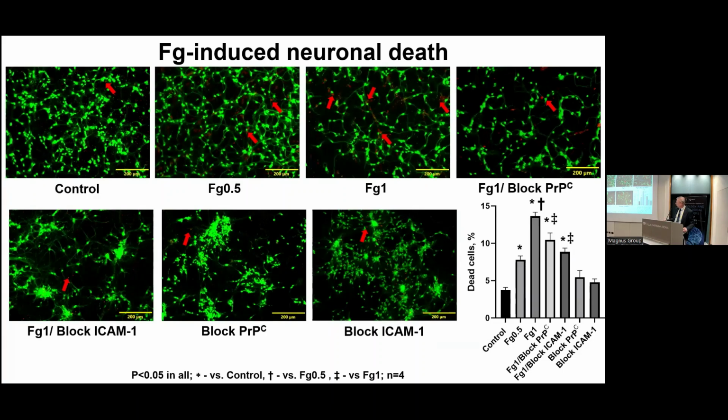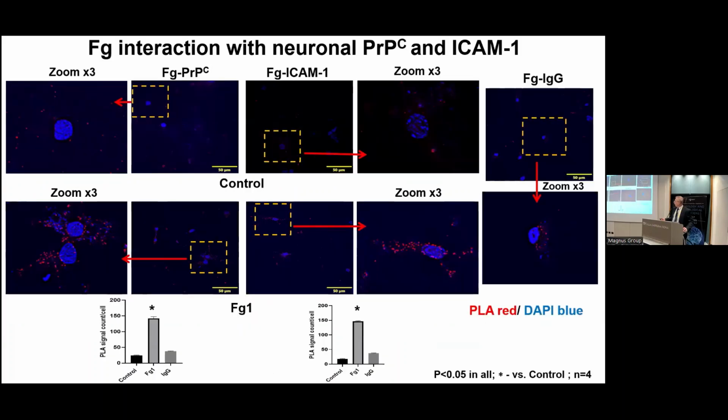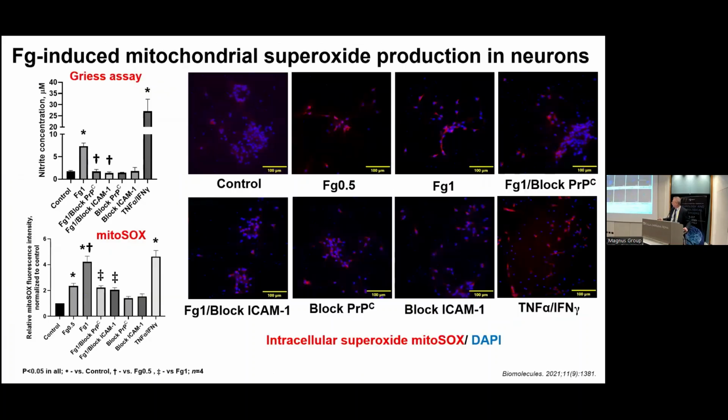And if we block PrPC or ICAM, we see that this effect can be altered. Here, using proximity ligation assay, we confirmed that fibrinogen binds neuronal ICAM1 and PrPC. So these are specific receptors of fibrinogen on neuronal cells. It causes mitochondrial superoxide production in neurons.